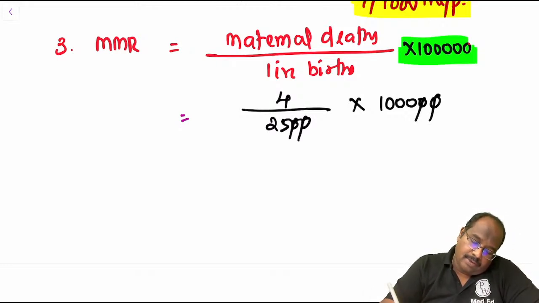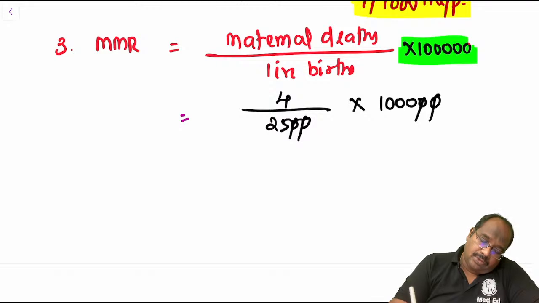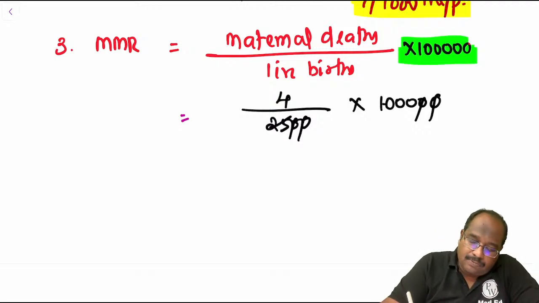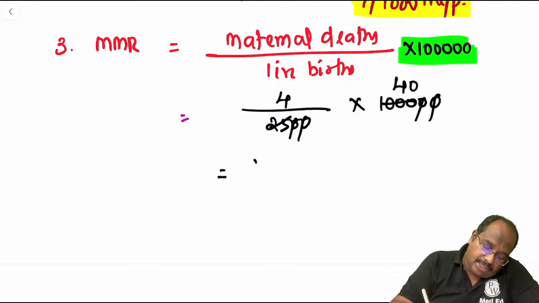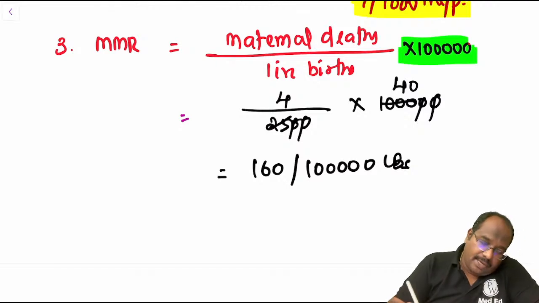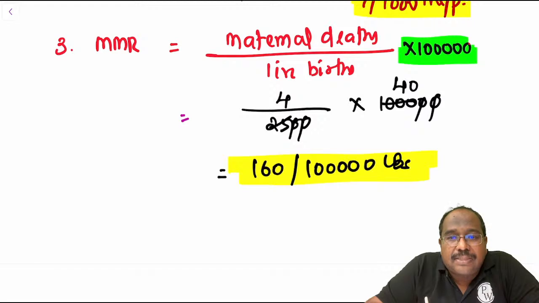So this is 4,00,000 by 2500, which is 160 per 1 lakh live births. You should say the unit very specifically: 160 per 1 lakh live births. This is the maternal mortality ratio.